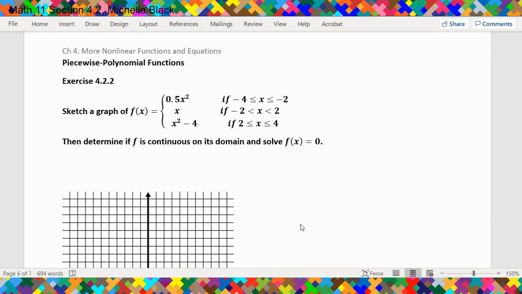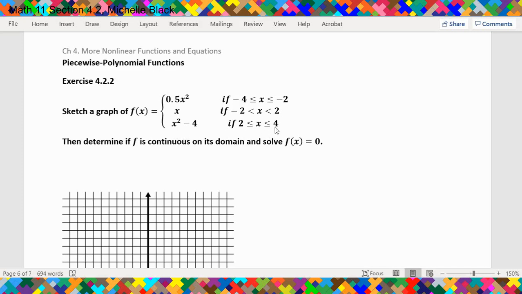Piecewise polynomial functions. For exercise 2, what I want to do is sketch a graph of this function: f of x equals 0.5 x squared when x is between -4 and -2, including; x when x is between -2 and 2, not including; and x squared minus 4 when x is between 2 and 4, including.